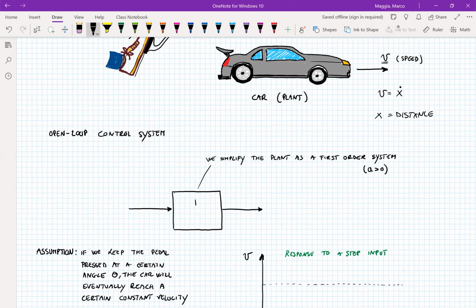So first order system, let's just use the simplest transfer function, 1 over s plus a. So we have one pole at minus a. So our input is going to be the gas pedal angle, and the output is going to be our car velocity, v or x dot, whichever.